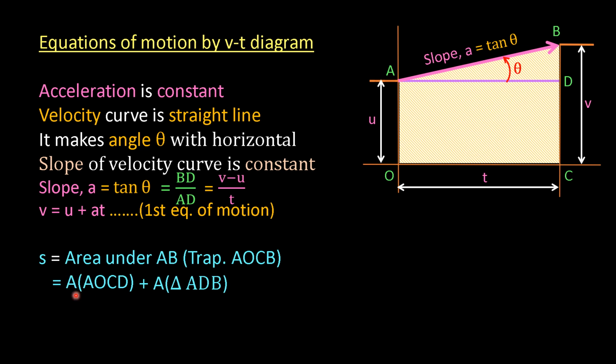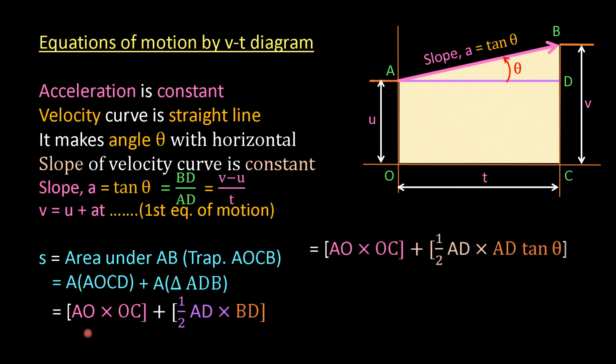This area is composed of area of rectangle AOCD plus area of triangle ADB. Now area of rectangle AOCD is AO into OC, and area of triangle ADB will be half base, which is AD, multiplied by height, which is BD.